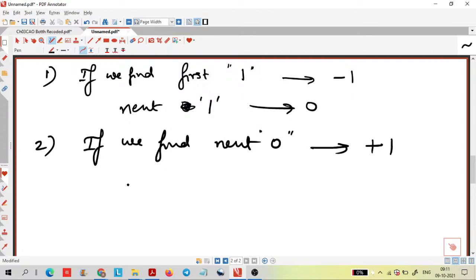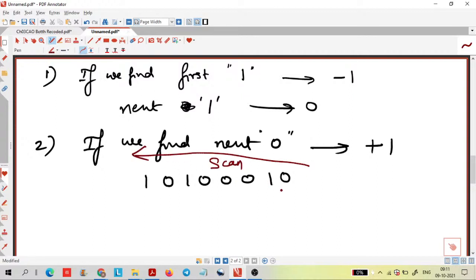For example, 1 0 1 0 0 0 1 0. First we have to scan the bits from right to left, and if we find the 1 in the string, we replace it with -1, and for the next 0, +1.